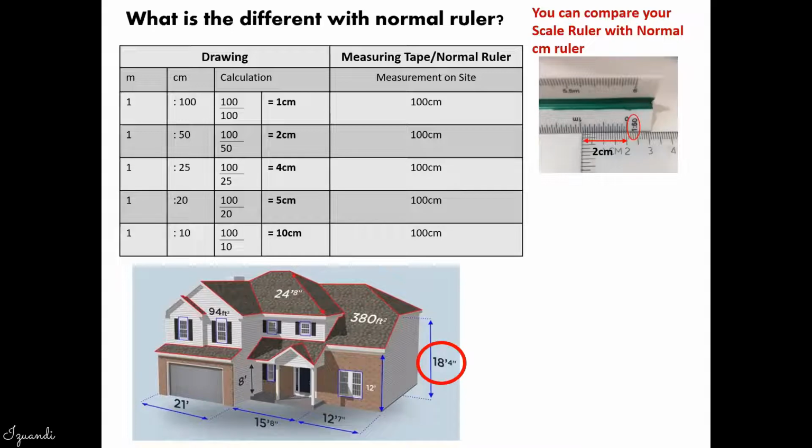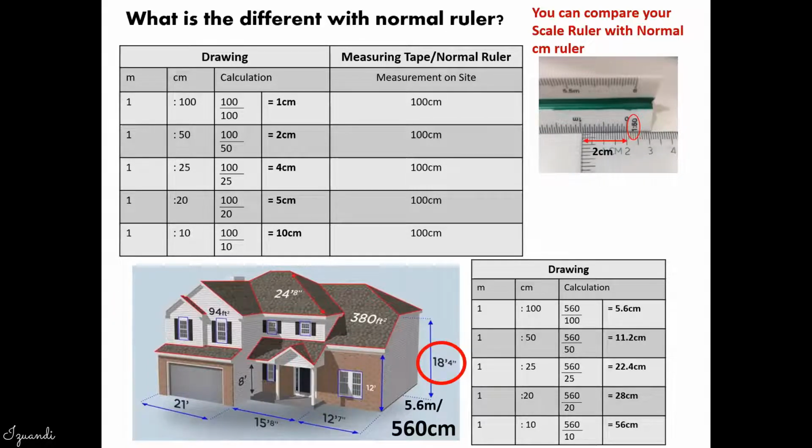The height of the house wall is 18 feet and 4 inches. When converted into the metric system, it represents 5.6 meters or 560 centimeters. So the height will be 5.6 meters.